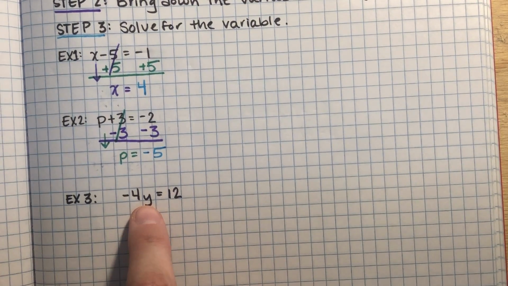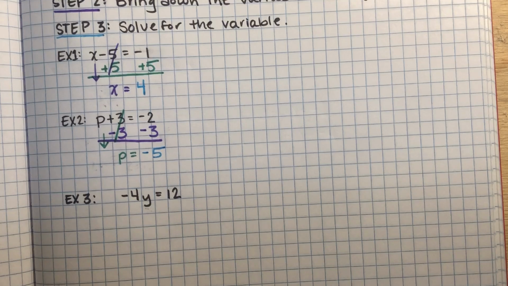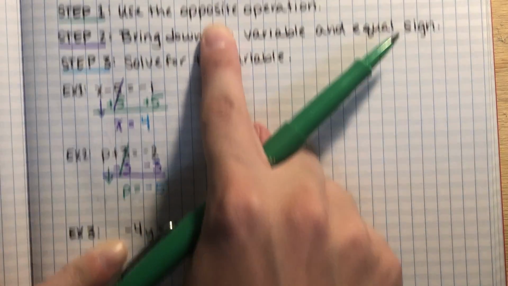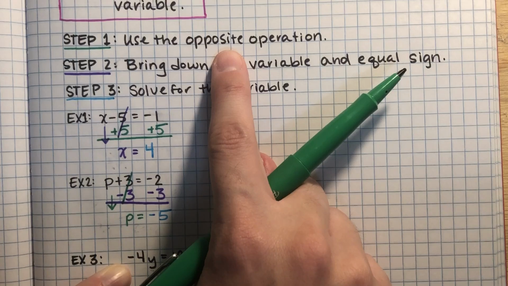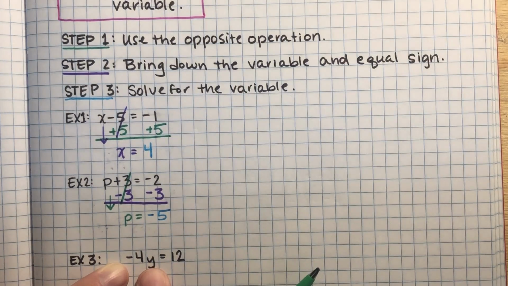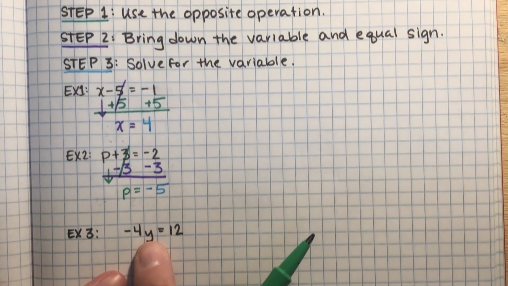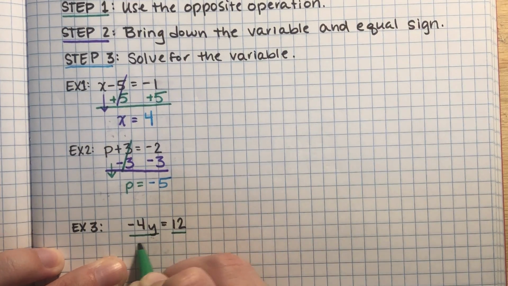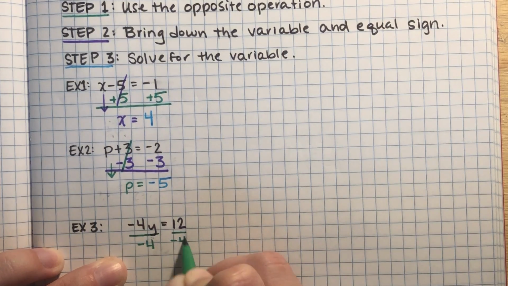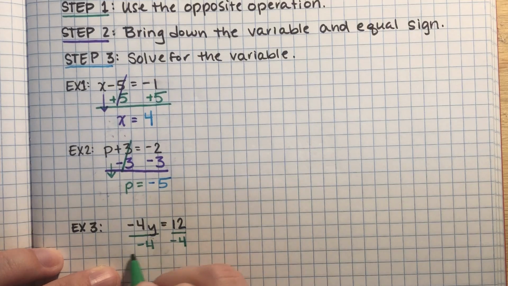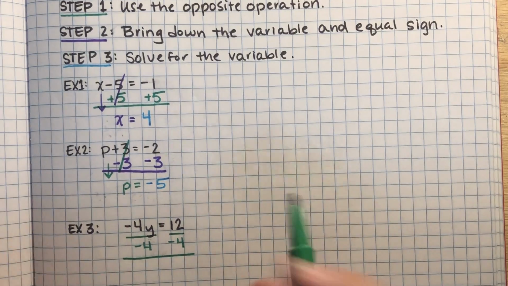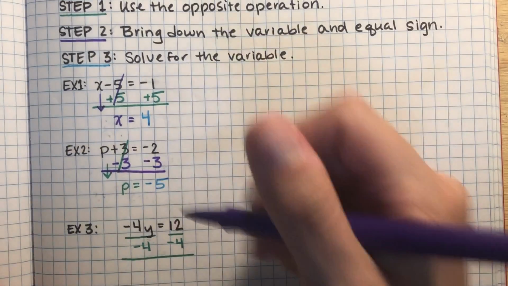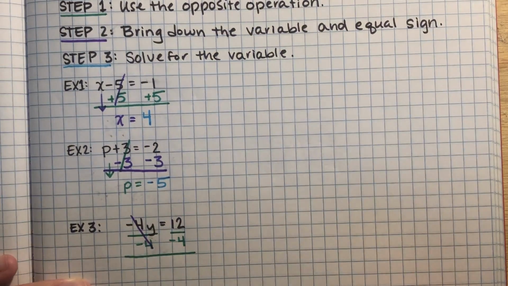So in this case, the opposite of multiplication is division. That means I'm going to divide both of my sides by negative 4. That makes both of these negative 4's cancel out.